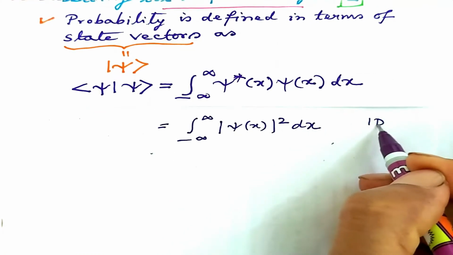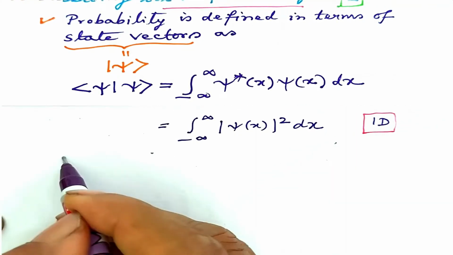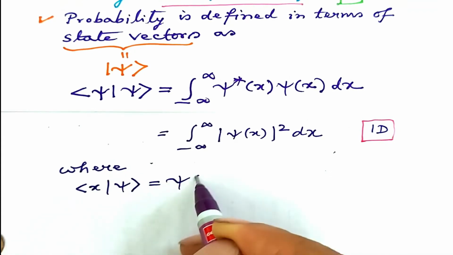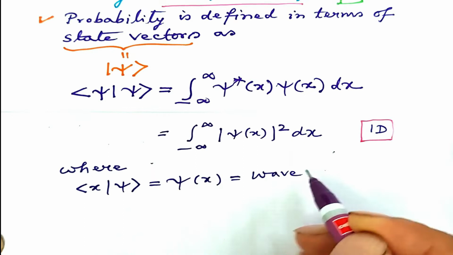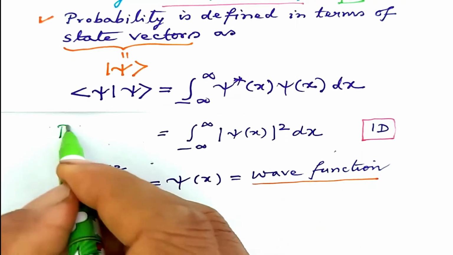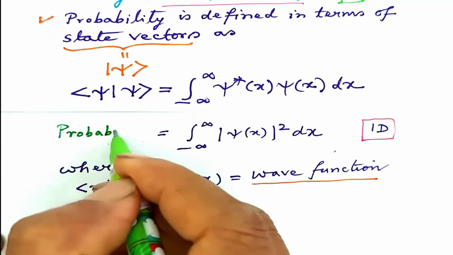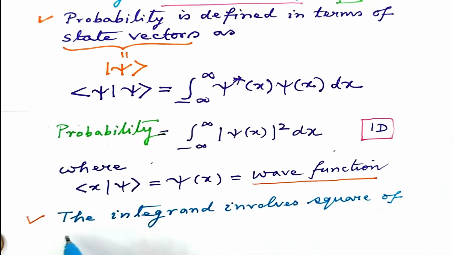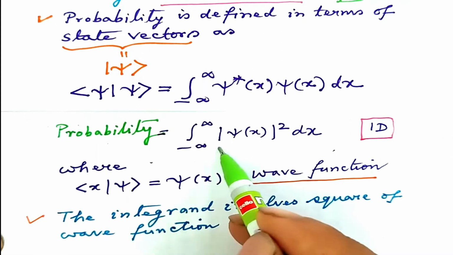Of course, we are doing things in one dimension, where bra x ket psi is defined as psi of x, which is called wave function, and this is the expression of probability in terms of wave function. The integrand involves square of wave function psi of x. Here it is.